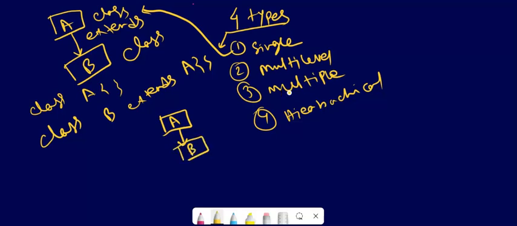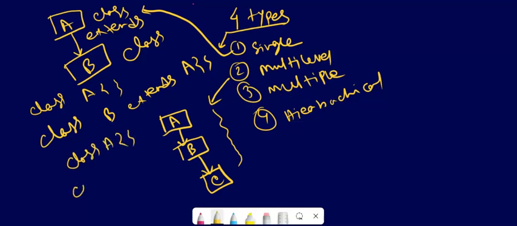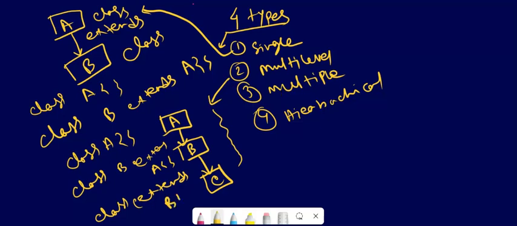Class B extends A, then class C extends B. So this is multilevel inheritance. How can we write this? Class A is the class A definition, then class B extends class A, then class C again extends class B. So this is multilevel inheritance.